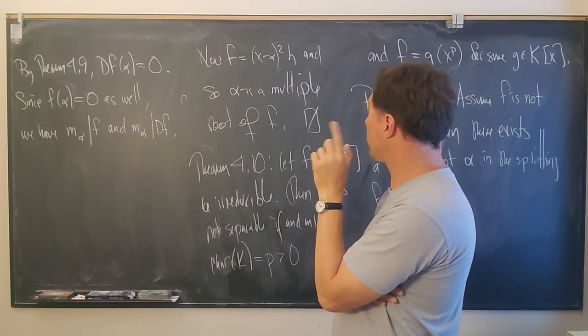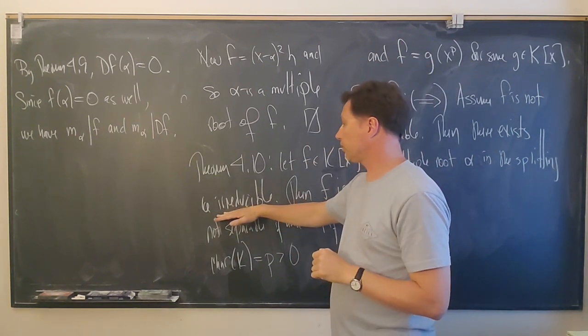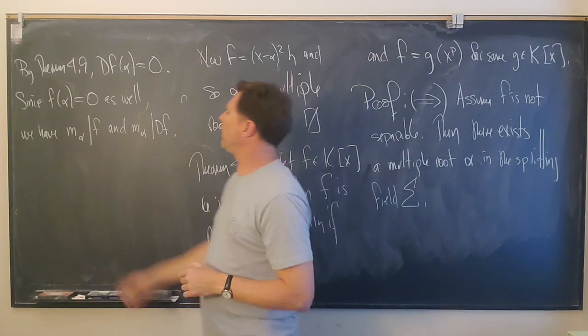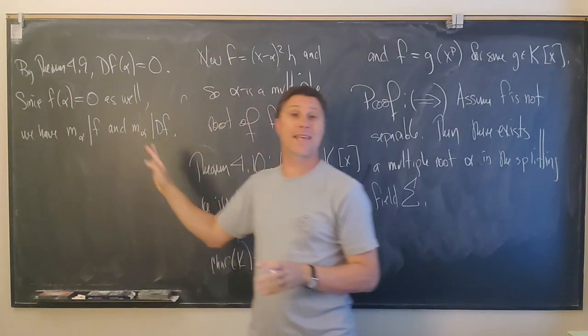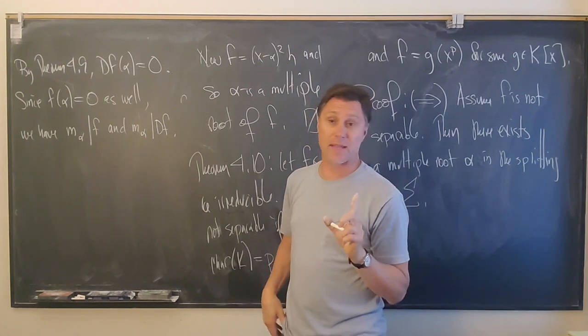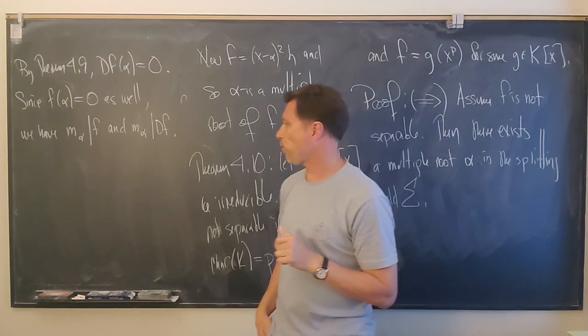Okay, but we assumed that f was irreducible, which means that f and m sub alpha are just scalar multiples of each other. In particular, they have the same degree. Right?